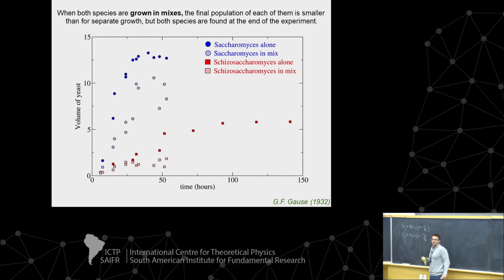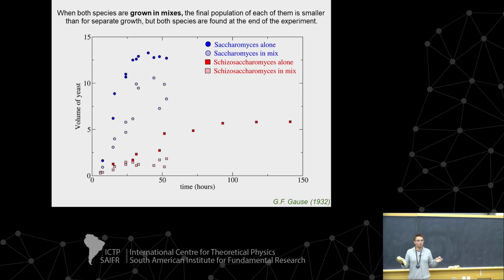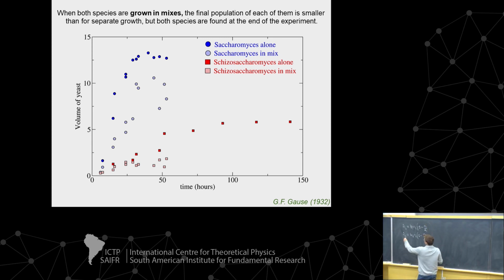So what's the most immediate way of coupling these equations? Well, I can consider that the population growth of species 1 is either enhanced or inhibited by the presence of the second species, and the same for the second species.